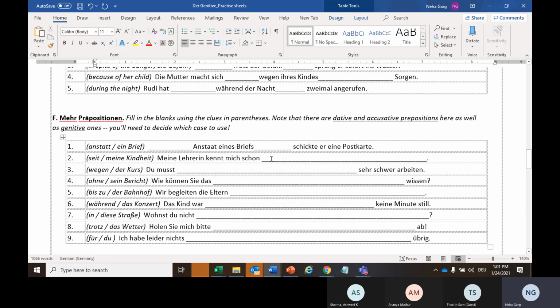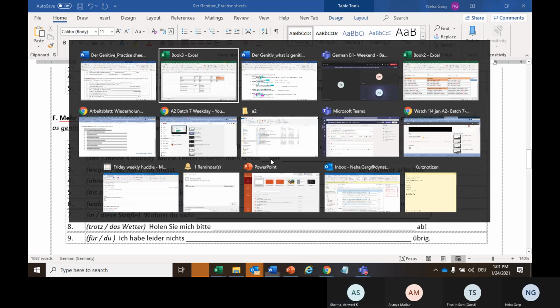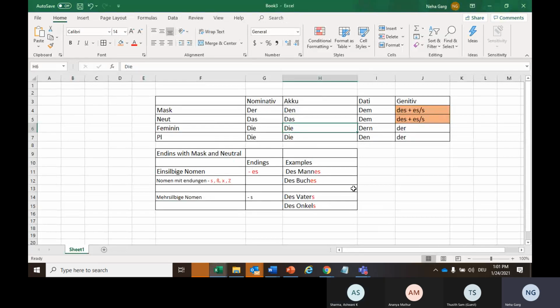Ashwini, want to try? Meine Lehrerin kennt mich schon seit, since my childhood. This is a dative preposition, so it will be changed according to the dative case.